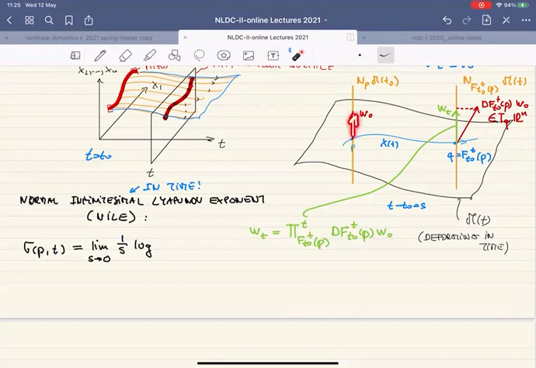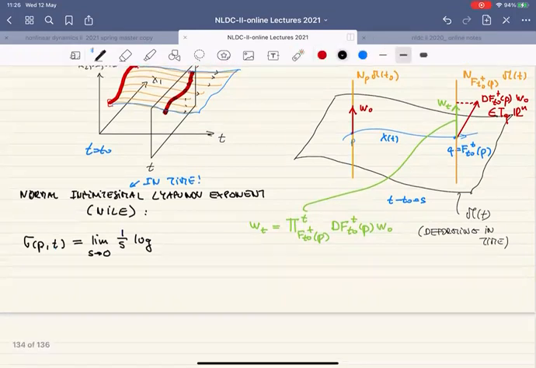I'm only showing one direction, but this is a multidimensional normal space in general, right? So I will have to take this operator and apply it to all sorts of W naughts and ask for the largest rates that I get for stretching or contraction rates. So that's just the same. Since I'm doing it for all inputs, that's the same as essentially evaluating the operator norm of this, because that gives you a magnification factor, right? So that's why it's enough then to pass to the norm of that operator.